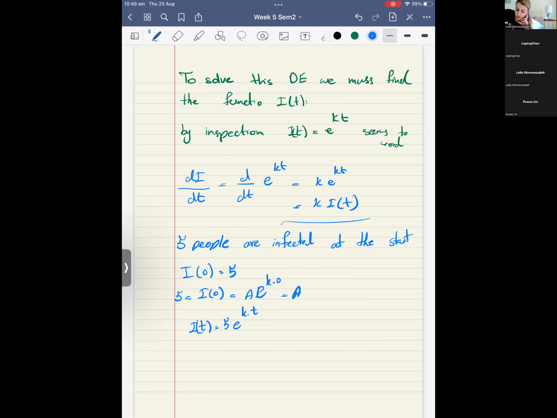And also the epidemiologist told us by day 3, 8 people are sick or infected. Now it means I(3) is 8. It means 8 equals I(3), which is equal to 5 e^(3k).